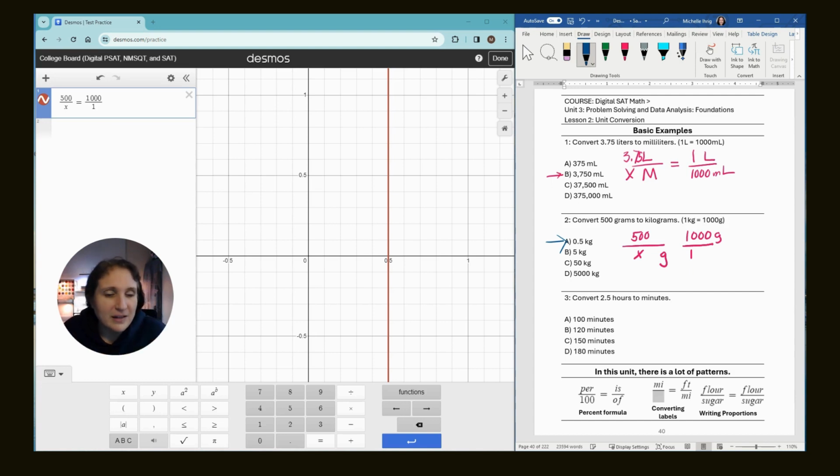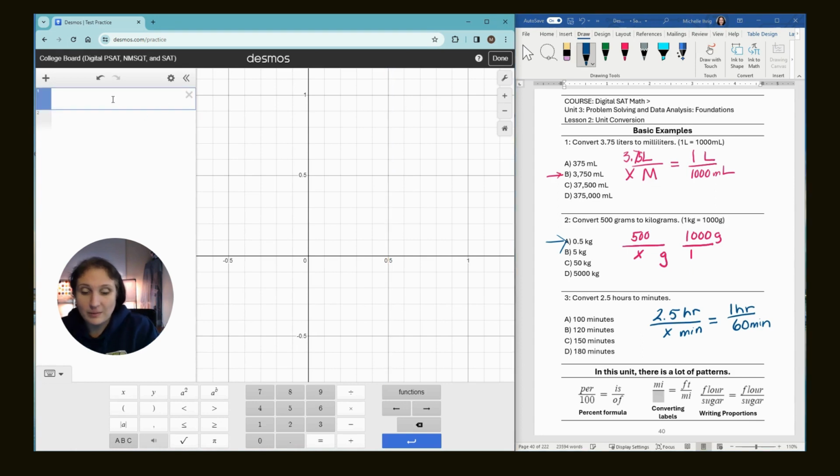All right, moving on. Here we have 2.5 hours to minutes. So we have 2.5 hours, and we don't know how many minutes, but we do know that in 1 hour, keeping the labels the same, there's 60 minutes. So I'm going to type that proportion right into Desmos. Again, remember, we don't type the label. So I've got 2.5 divided by X, and that equals 1 divided by 60.